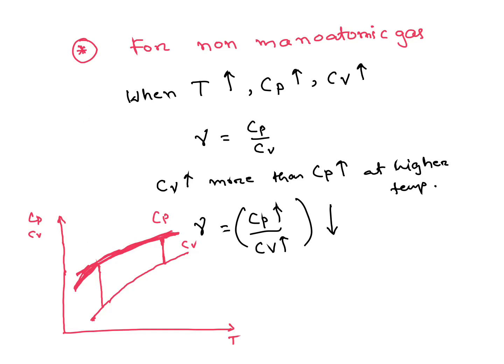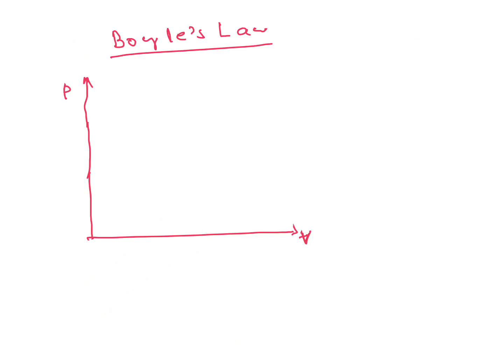Boyle's law graph I forgot to tell you about in my previous video, so here I am repeating. V is inversely proportional to P. So here pressure versus volume diagram. These are constant temperature lines.